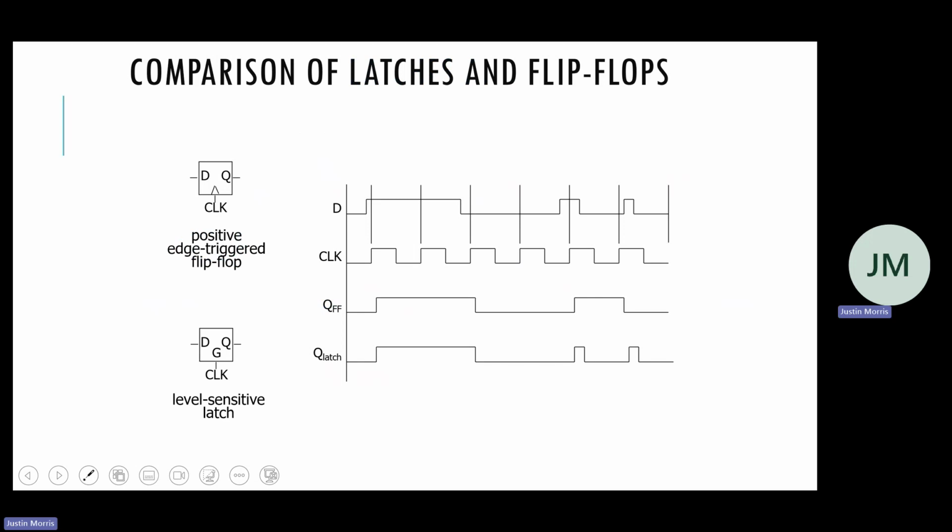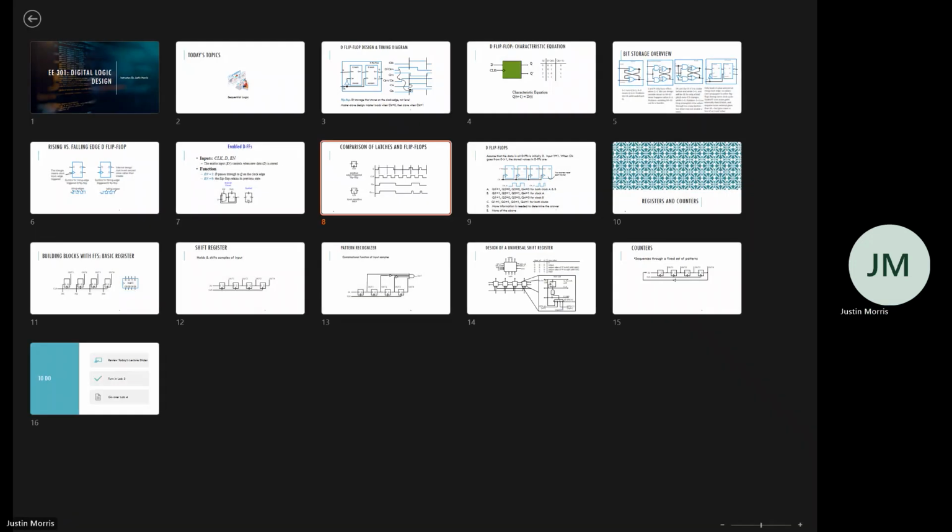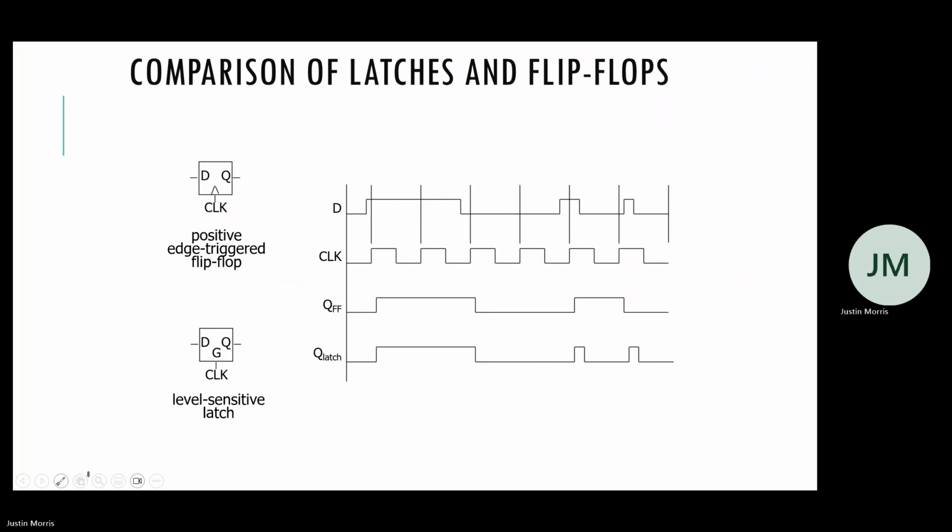So here's our comparison in terms of timings on latches and flip-flops. Let's draw this out. So this is the output on Q for a flip-flop, and this is for a latch. And this is going to be a positive edge triggered flip-flop.